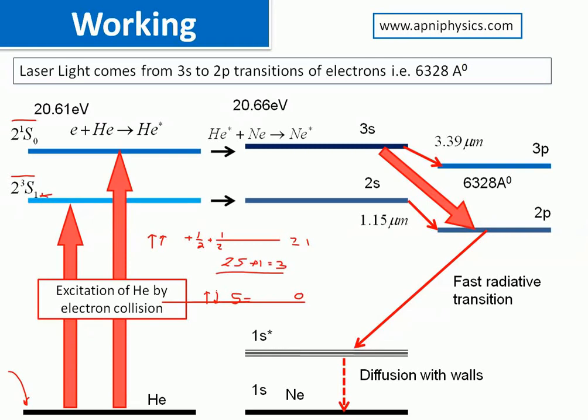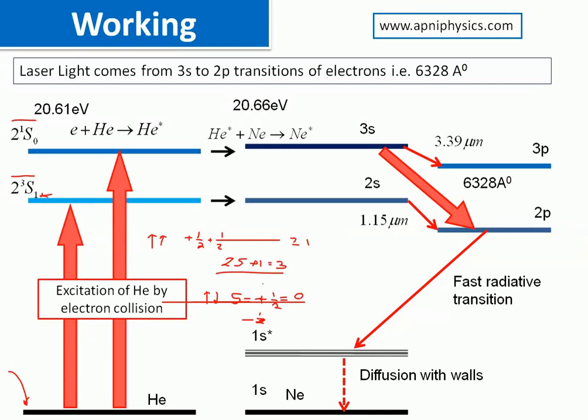So plus 1 by 2 and minus 1 by 2. Plus 1 by 2 is for the upward electron, and minus 1 by 2 is for the downward electron. So the total result is the sum of these two, and the spin angular momentum will be equal to 0.